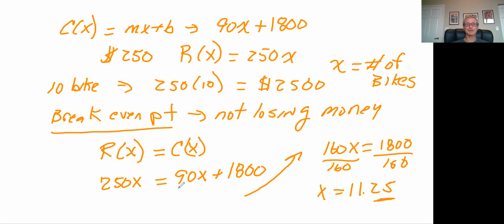You either want to decrease the fixed cost, which would be 1800, or try to also decrease the variable cost, which is how much it costs you to buy or manufacture the bike. Maybe you can buy the parts a little bit cheaper, et cetera. I worked in the manufacturing world in the telecommunication industry for 20 years, and so we struggled with these ideas a lot. It was really quite challenging and quite fun, actually.